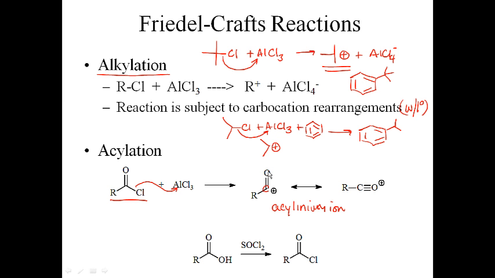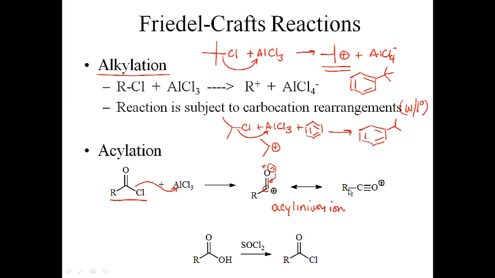And you might say, well, is that stable? Well, sure it is. Because if we have the plus charge on the carbonyl, I can draw a resonance structure by taking one of these lone pairs, moving it here, and that gives me this other resonance structure to stabilize the acylinium ion.